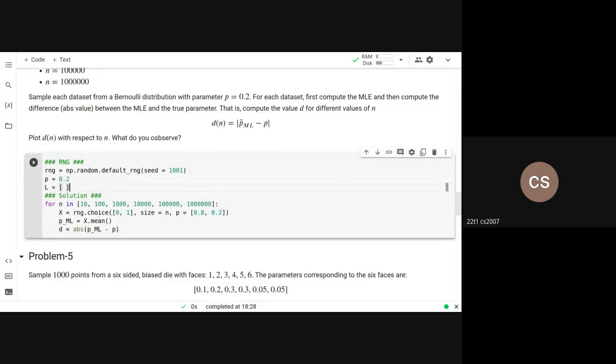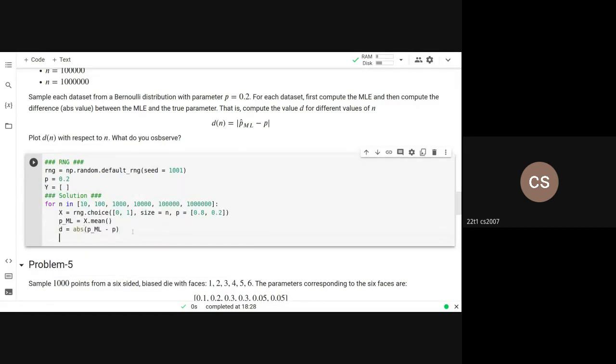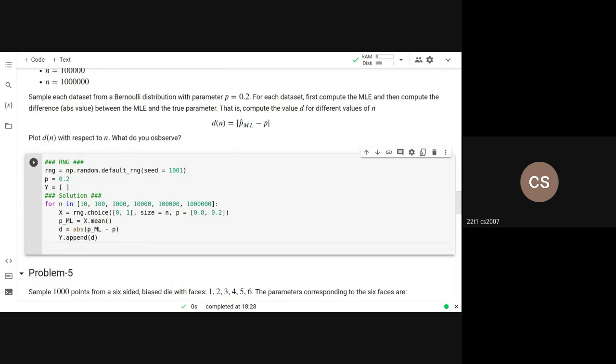Okay, so what I'm doing is these are all Y values, so I'm going to store these values in a list and append these to a list Y. X and Y may be confusing, so let me call this the Y axis.